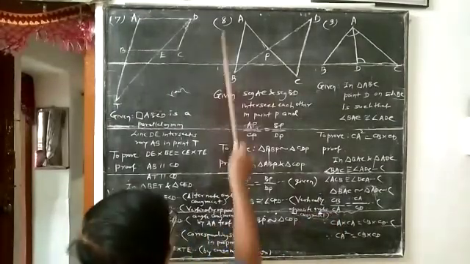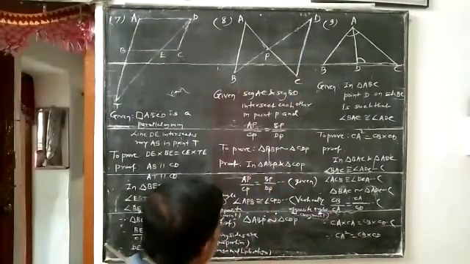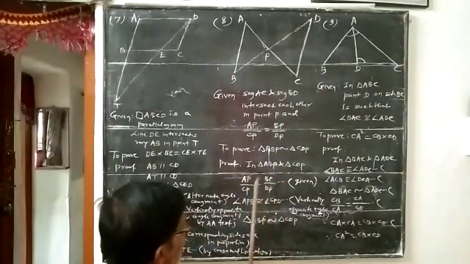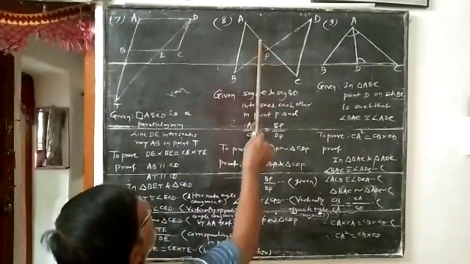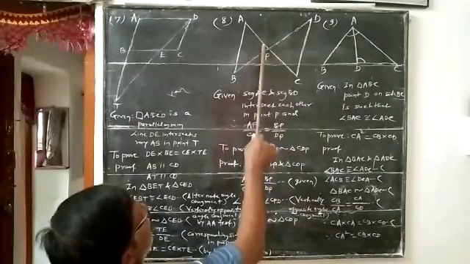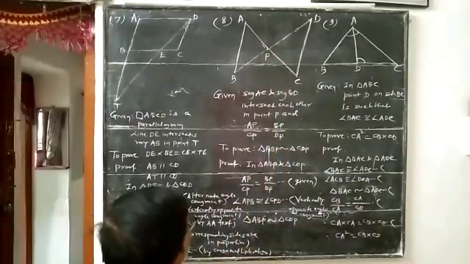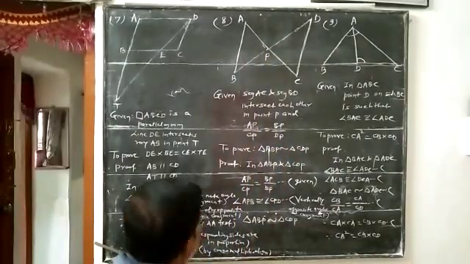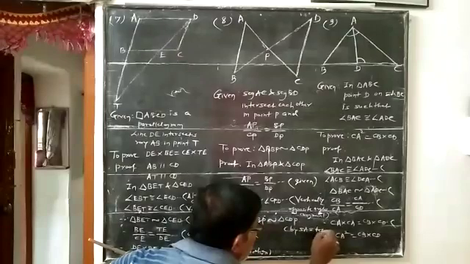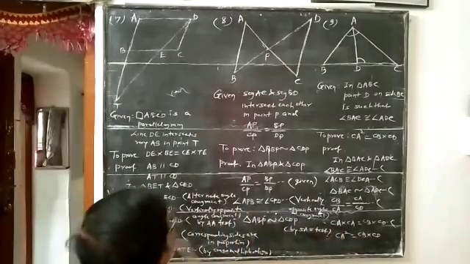Therefore triangle ABP is similar to triangle CDP, as two corresponding sides are in proportion and the included angle is congruent, by SAS test. This is your example number 8.